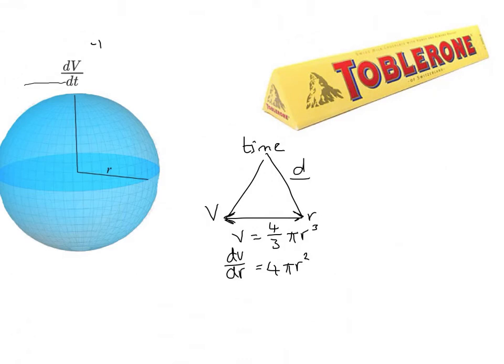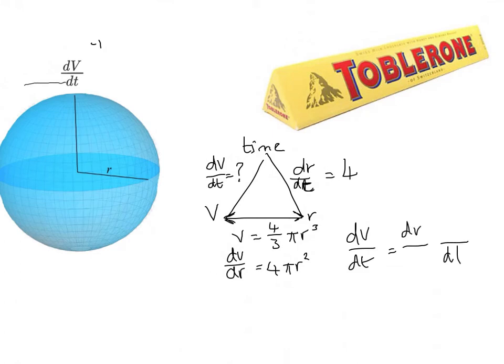So the rate of change of the radius, so it's t on the bottom, the rate of change of the radius is 4 centimetres per second, and we are asked about dV by dt at a specific time. So using the chain rule, dV by dt is equal to dV by dr times dr by dt, going via r. dV by dr we know is 4 pi r squared. dr by dt we know is 4.